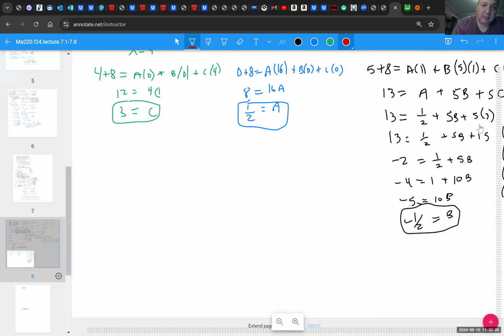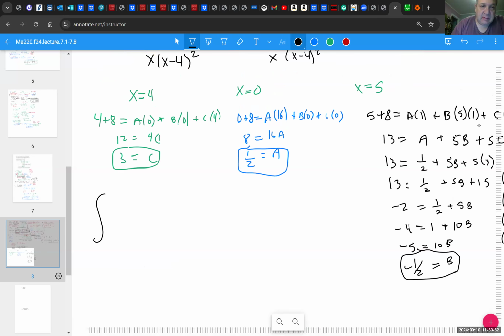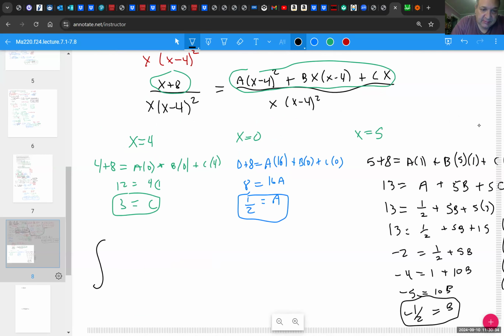So the integral, I'll do black, integral of this crazy thing, which was x plus 8 over x minus 4 squared dx is equal to like 3 fractions.